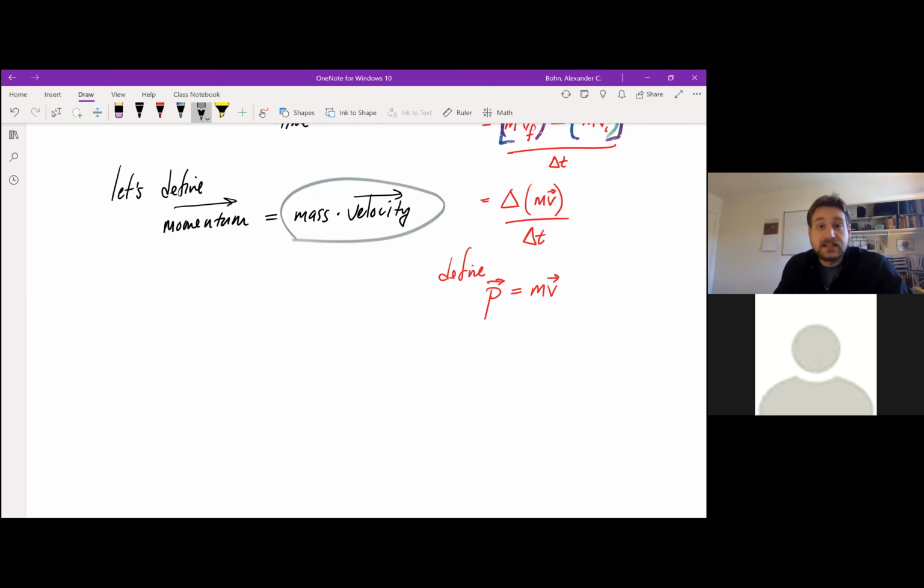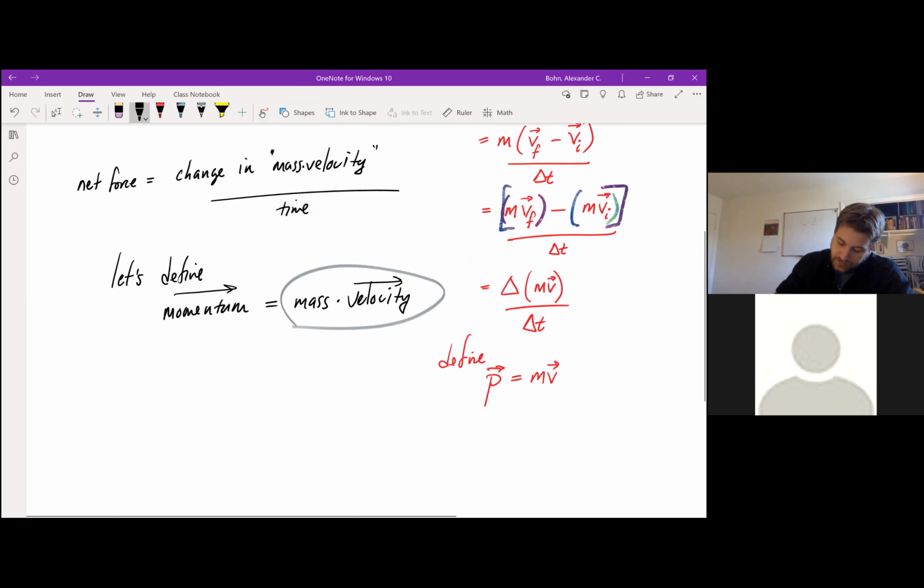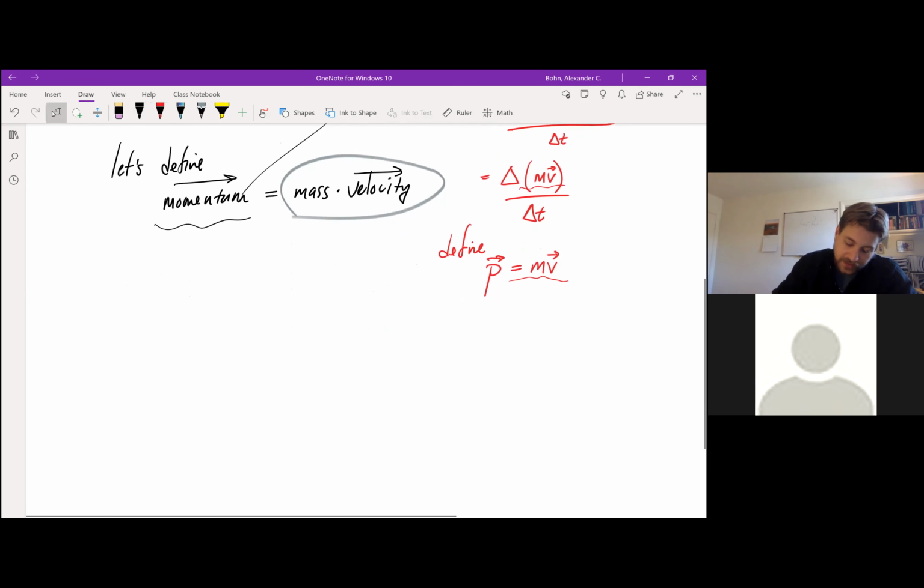If we make this definition, then we can go back. We could replace mass velocity with momentum. And here we could replace mv with vector p. So we end up rewriting Newton's second law.